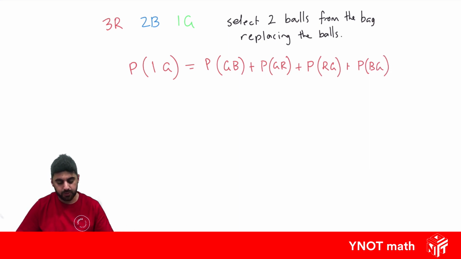And that's all the ways in which we can get the 1 green ball with our selections. And now we just need to find those probabilities.